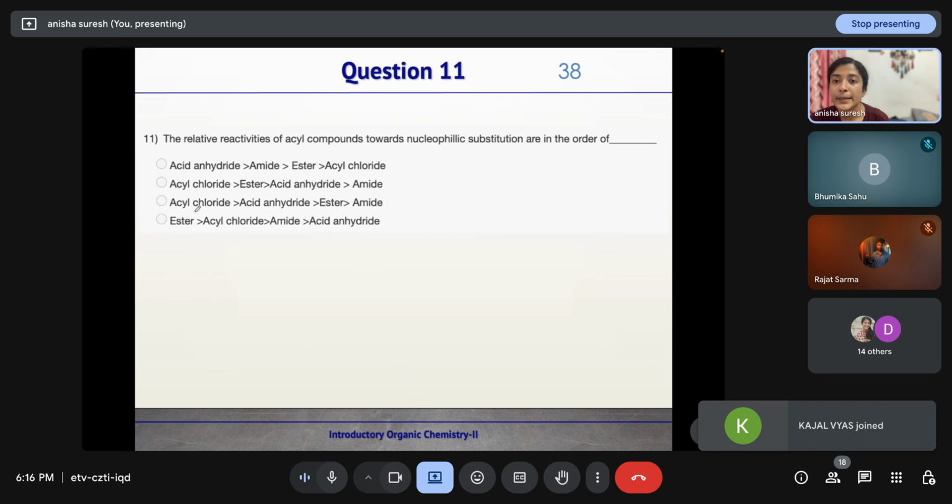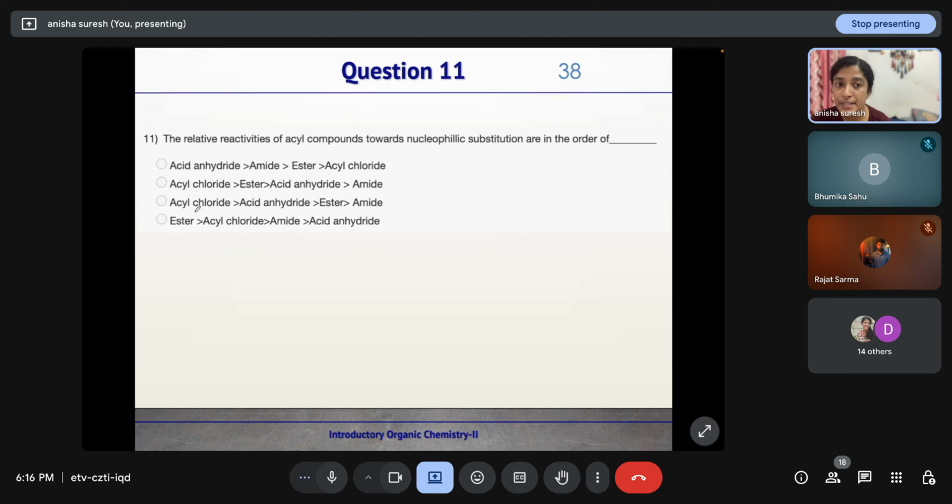Now going to question number 11. The relative reactivity of acyl compounds towards nucleophilic substitution are in the order of. So we have been given acyl chloride, acid anhydride, ester and amide, and we are asked to write their relative reactivity order.